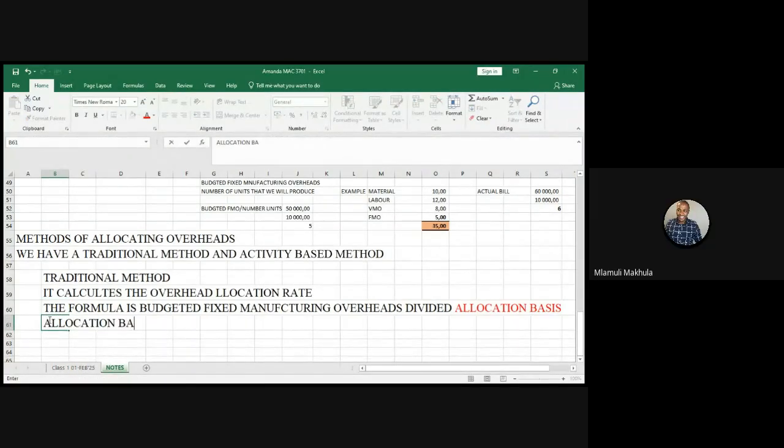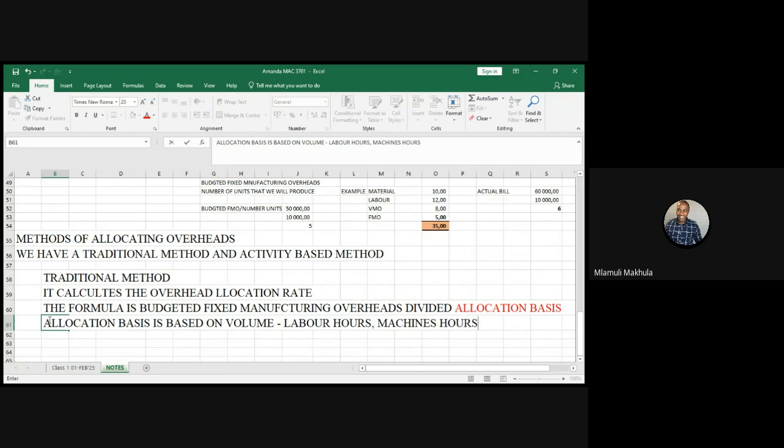Allocation basis is based on volume. So volume could be hours, it could be labor hours, machine hours.